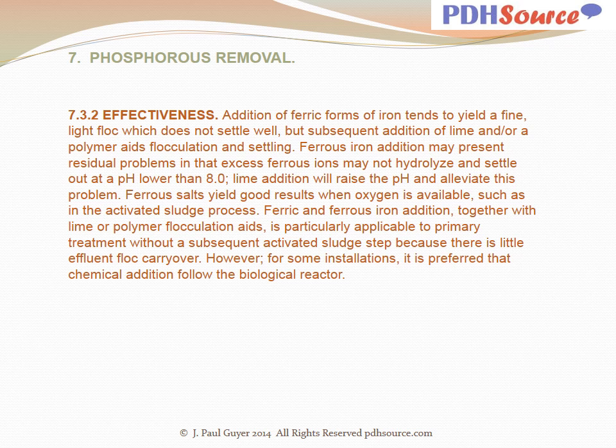Ferric and ferrous iron addition together with lime or polymer flocculation aids is particularly applicable to primary treatment without a subsequent activated sludge step because there is little effluent floc carryover. However, for certain installations it is preferred that chemical addition follow the biological reactor.